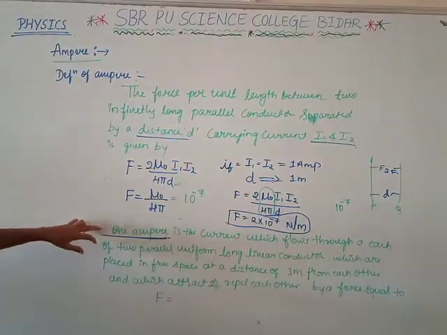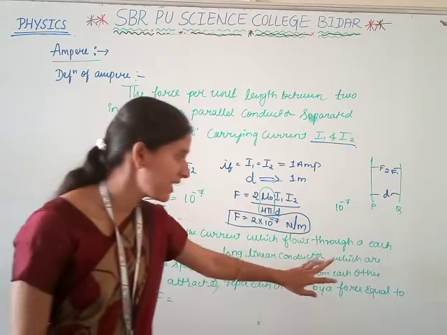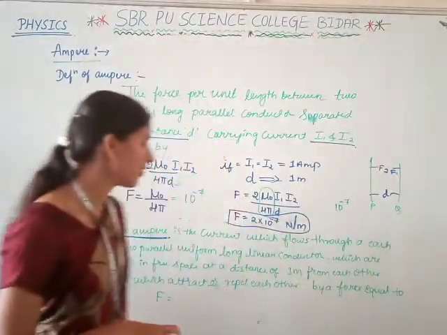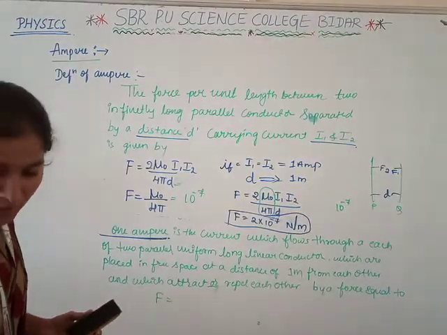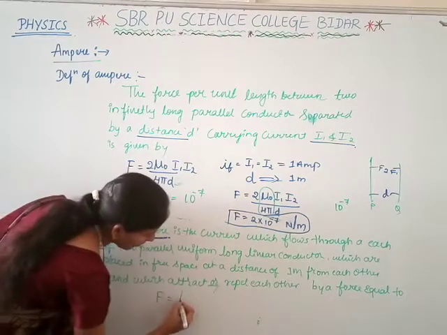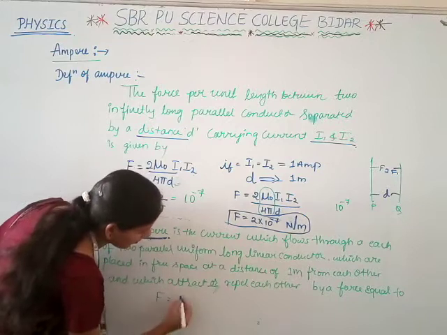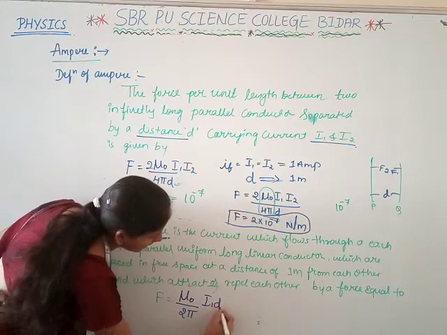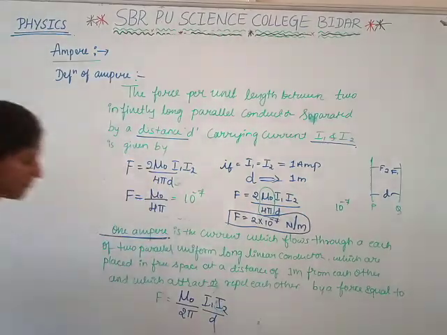The definition says that the current which flows through each of two parallel uniform long linear conductors which are placed in free space at a distance of 1 meter from each other, which may attract or repel each other by a force, is equal to F is equal to mu naught divided by 2 pi I1 into I2 divided by d. Okay.